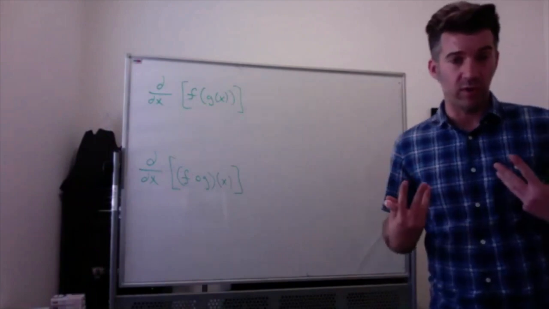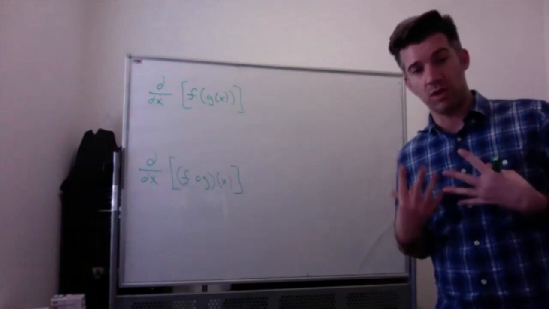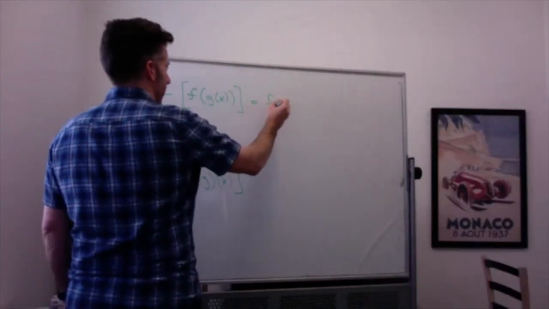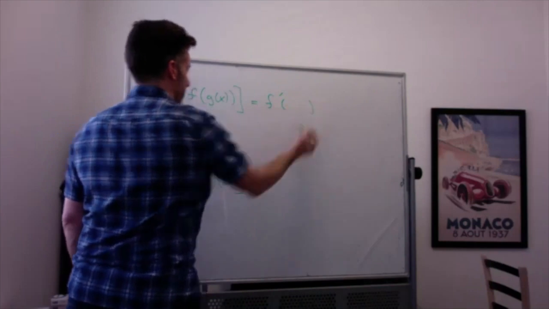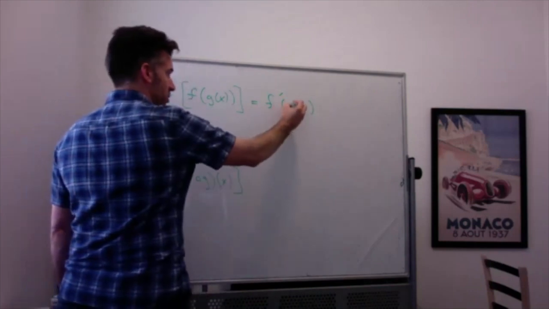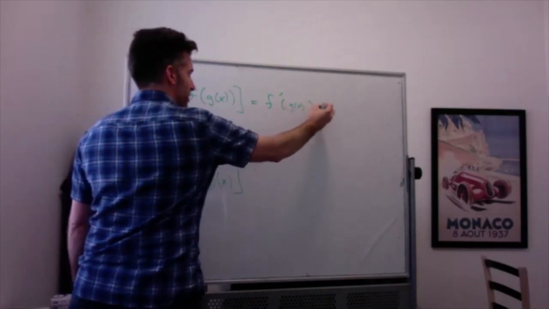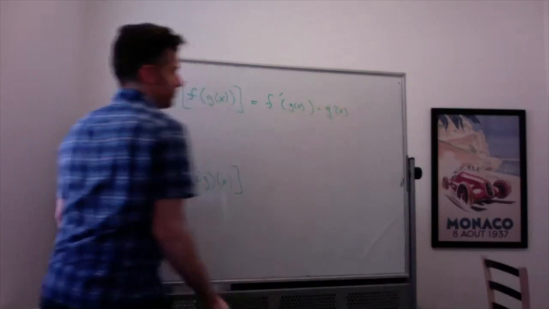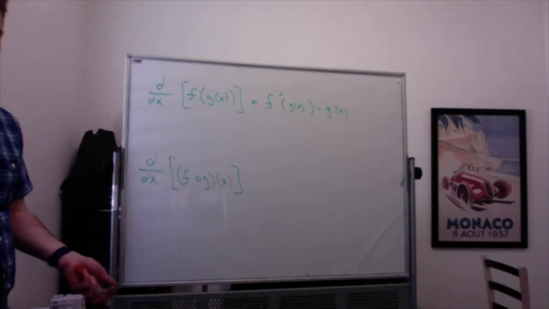Well, just like in the previous problems, we take the derivative of the outer function, we leave the inside function alone, and then we multiply by the derivative of the inside function, which leaves us with f prime of the inside function left alone, so just good old g of x, times the derivative of the inside function, which is g prime of x. That's your chain rule right there.